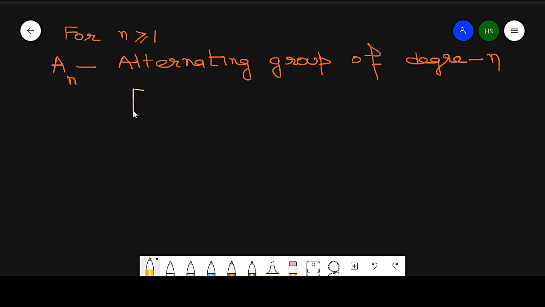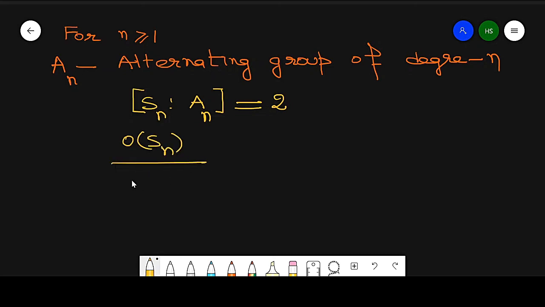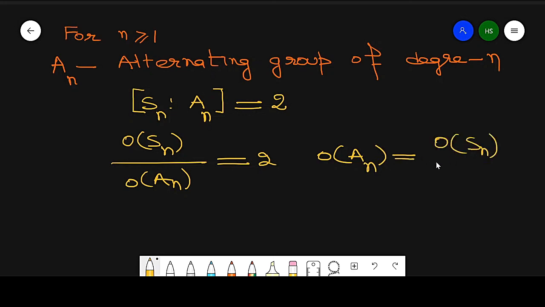Now since the index of An in Sn is equal to 2, it means the order of Sn over the order of An is equal to 2. So the order of An is equal to the order of Sn by 2.